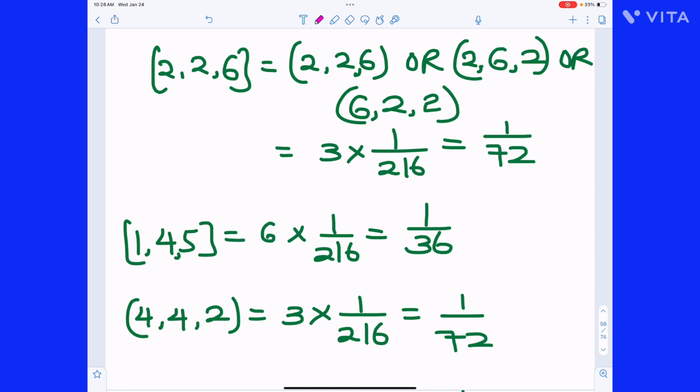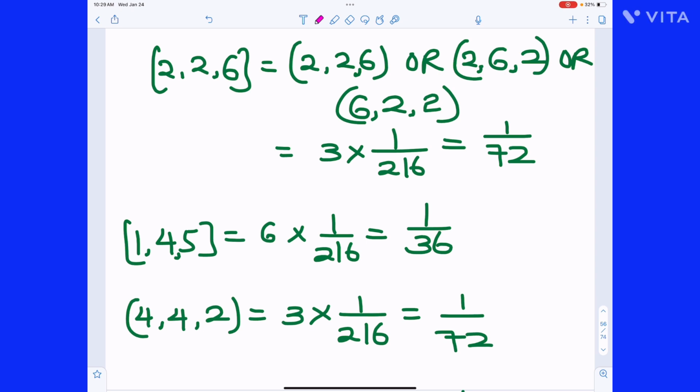Another way of getting a total score of 10 is to get 226 from the 3 dice. Now 226 we can get in different ways. Either 2 from die A, 2 from die B, and 6 from die C. Or 2 from die A, 6 from die C, 2 from die B. Or 6 from die A, 2 from die B, 2 from die C. That's all.